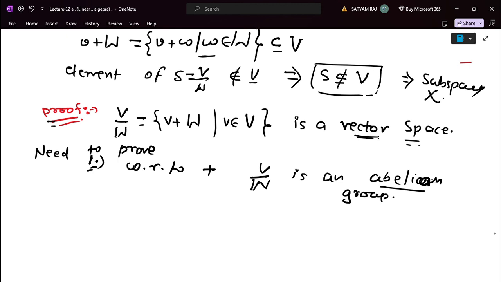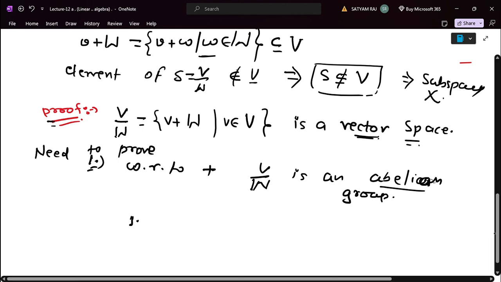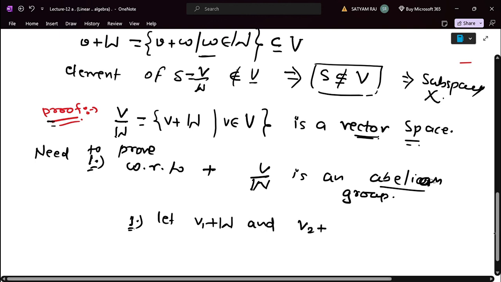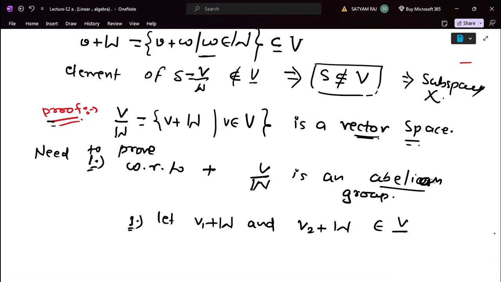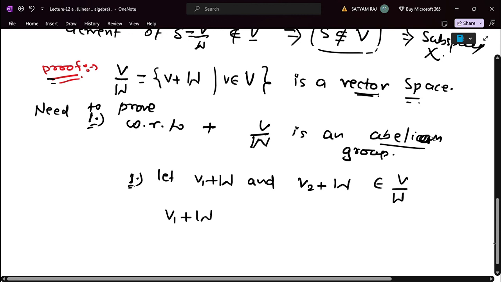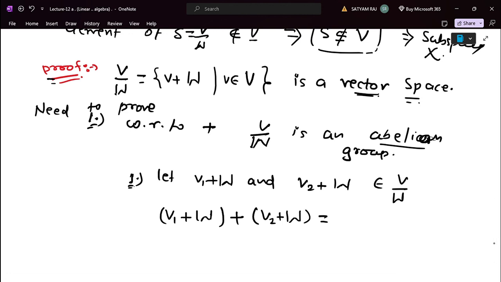Okay, group. So first we should have closeness. Take two elements, let V1 plus W and V2 plus W belong to capital V by W. We have taken two elements, and if we add V1 plus W and V2 plus W, what will it be?